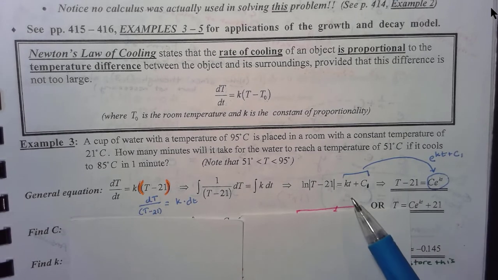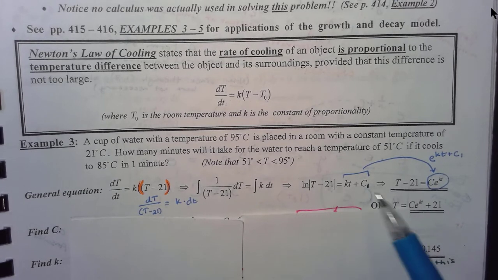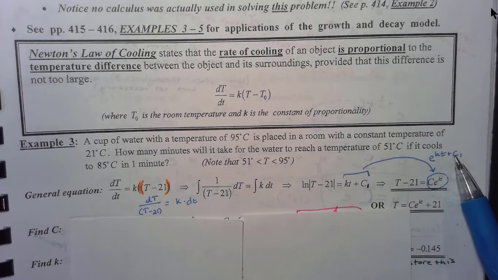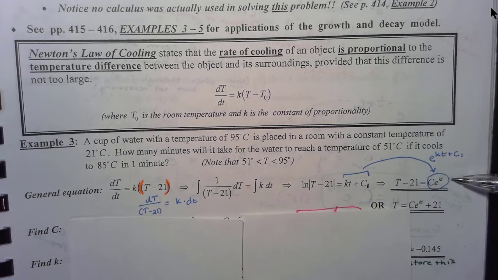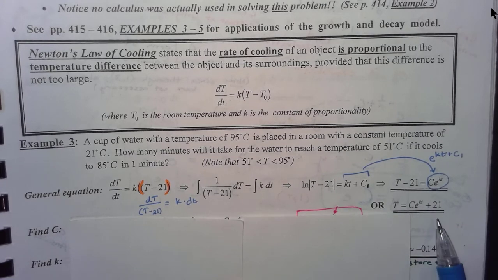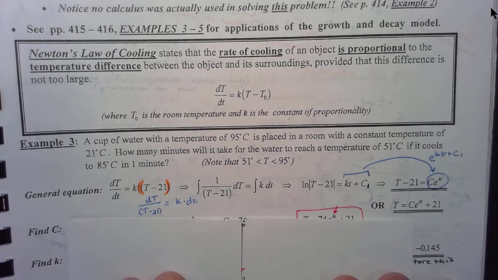Now, we know that log is exponent, so T minus 21 is going to equal e^(kt+c1), which resolves down to ce^(kt). Solving this for T means moving the 21 over. Now we have at least our model.